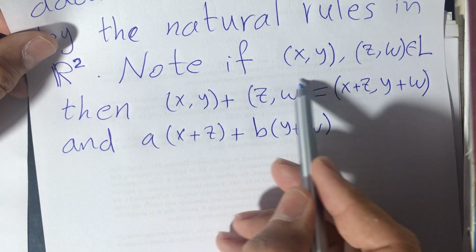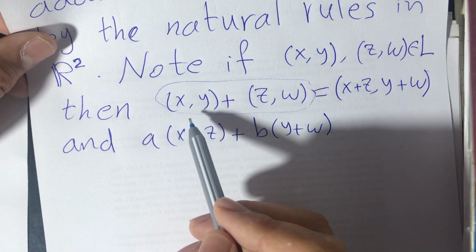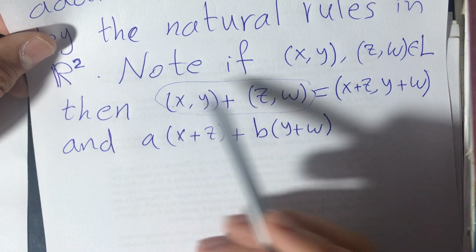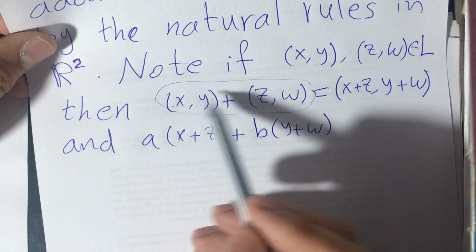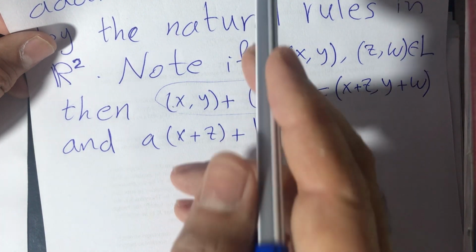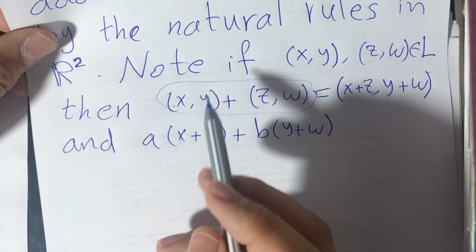How do I know this will belong to L? This sum of two vectors will be in the same set, it will belong to L.